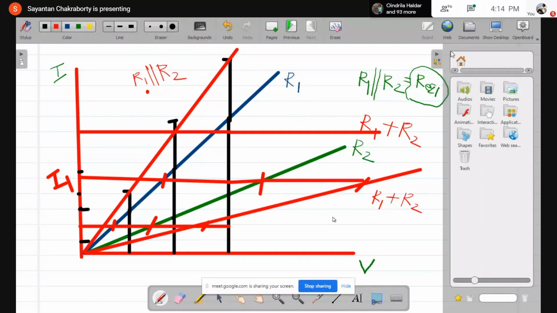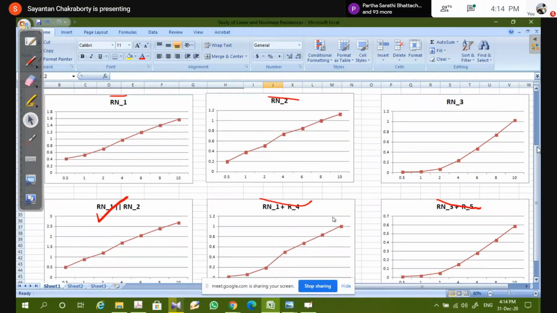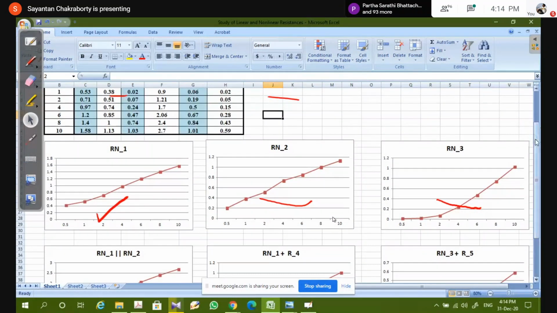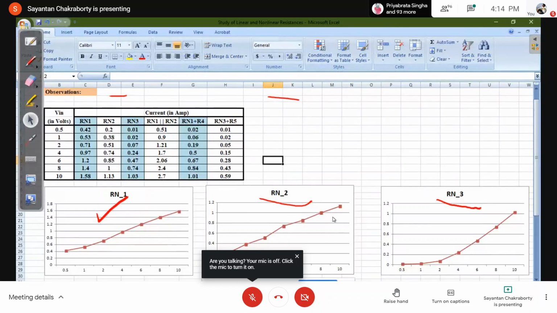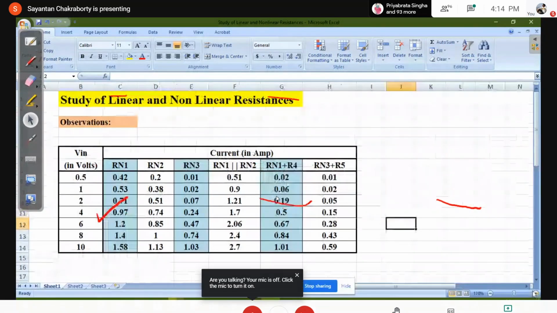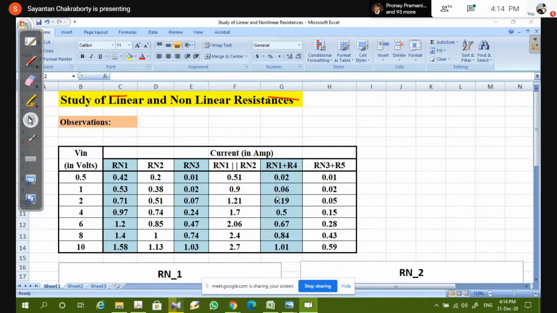Keeping this in mind, given this set of data, Rn1, Rn2, Rn3, and you already know the values of R4, R5, and R6, we can obtain graphically the different combinations thereof.